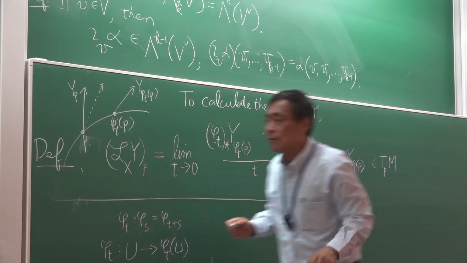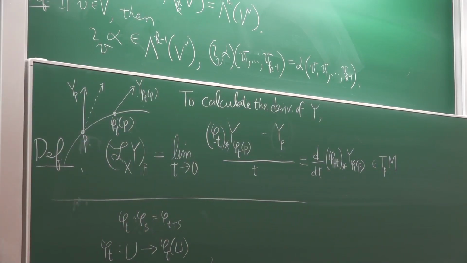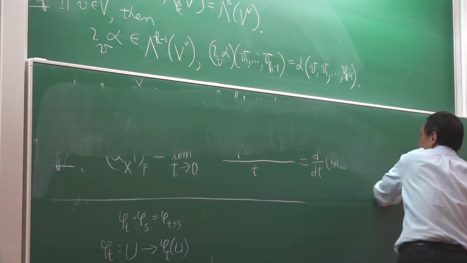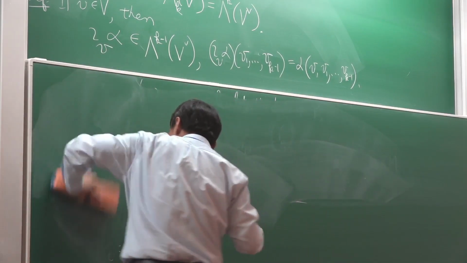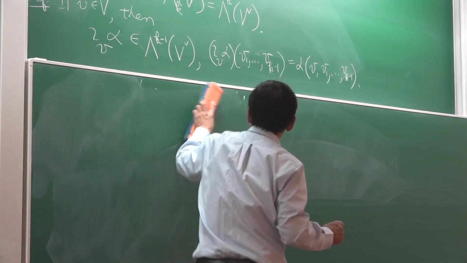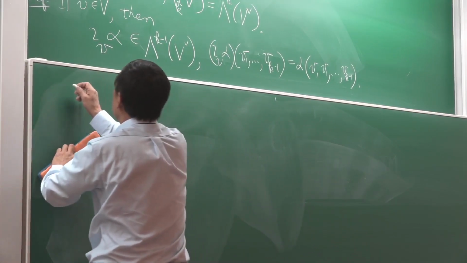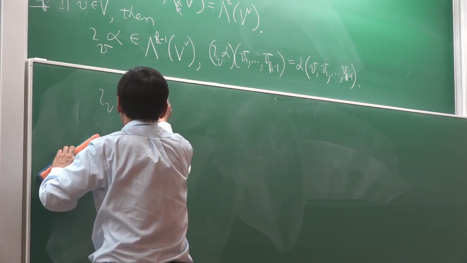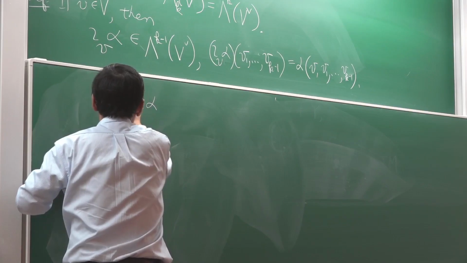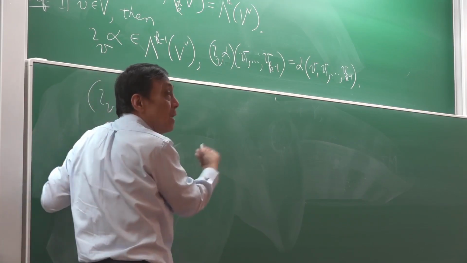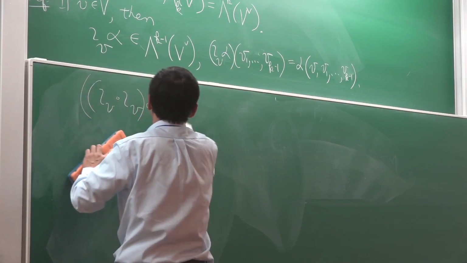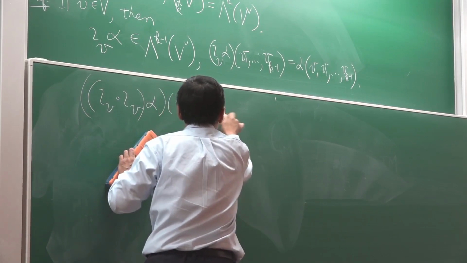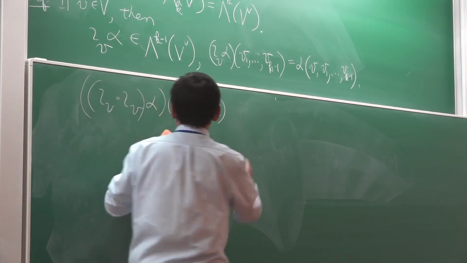Now, obviously, if you apply interior multiplication twice, then you are going to have v twice. So i_v i_v alpha, if you apply v twice, then you lower the degree by 2, k minus 2.